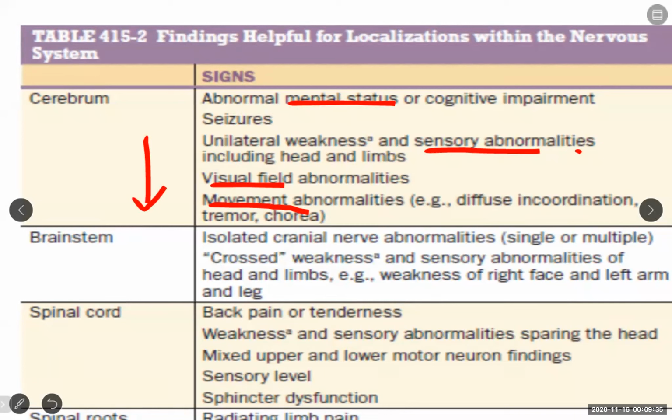Any weakness associated with cranial nerve abnormalities should definitely point towards a brainstem involvement. The typical lesion where you see a cranial nerve involvement in the cerebrum would be an internal capsule infarct where you have facial weakness. But as I mentioned, only cranial nerves 7 and 12 tend to have unilateral innervation of the lower motor neurons from the cerebrum.